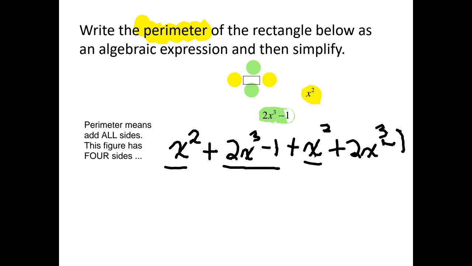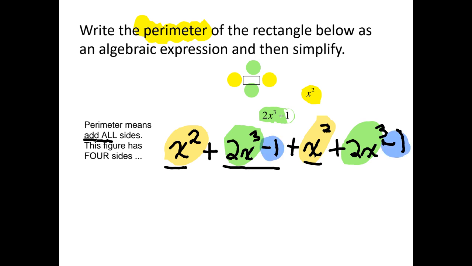I'm adding all sides. This is my x squareds. Now I got to be careful. This is 2x cubed and 2x cubed. And then I have the numbers.